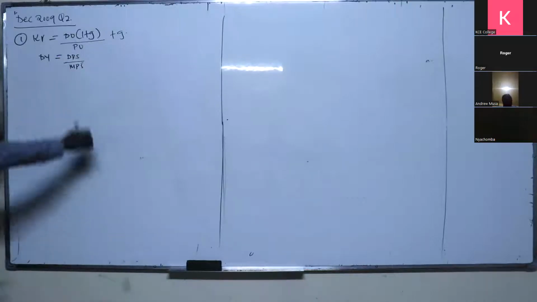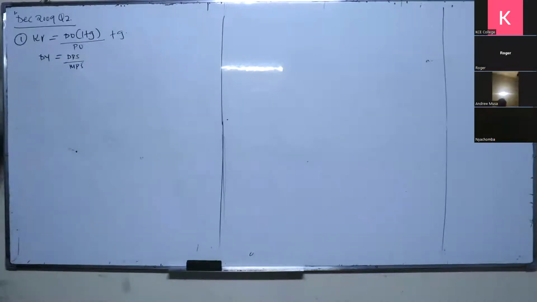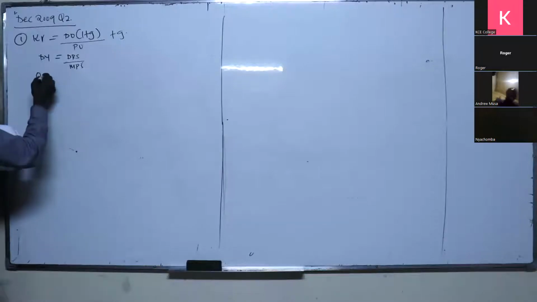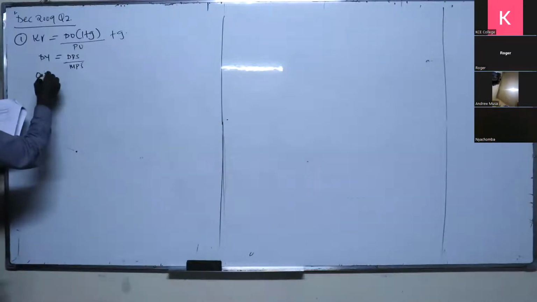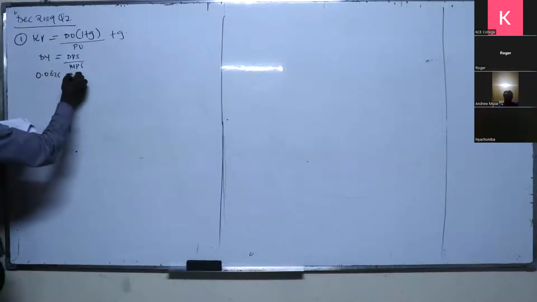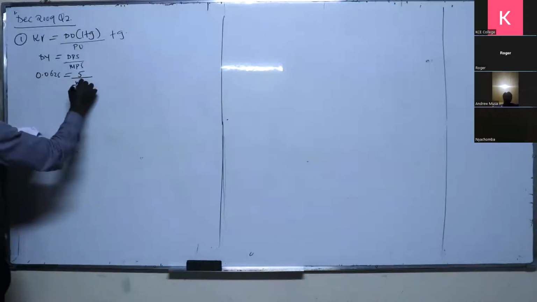So we want to determine the market price per share. We have been given the dividend yield, which is 0.0625, which equals dividend per share, which is 5, over market price per share, which we don't have, isn't it?